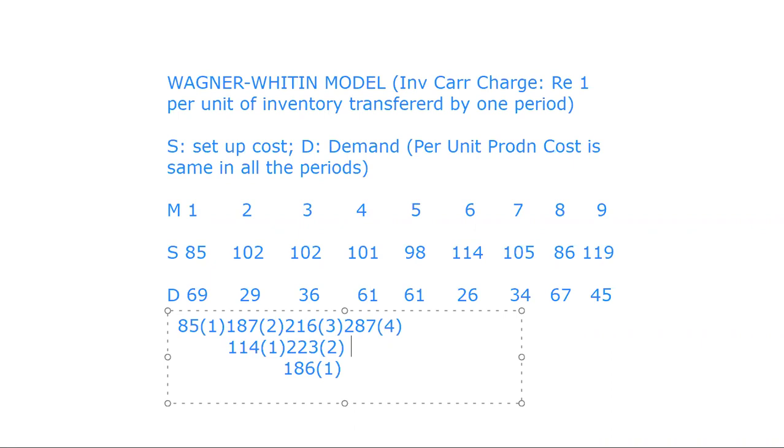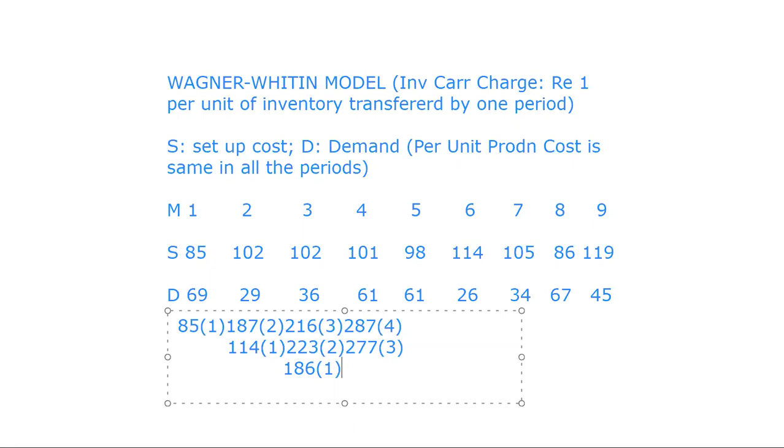So it will be how much? 277. Right? It will be 277, and I produce in the 3rd period. Now, see, I have to consider all the periods. I'll explain that to you. So, is that all right? 277 is 216 plus 61.